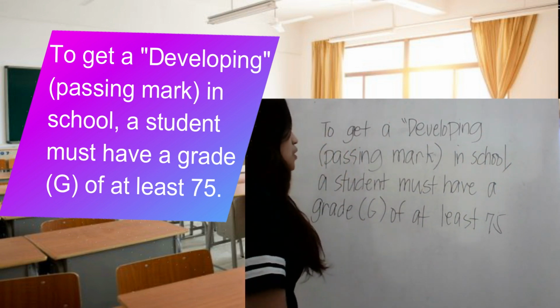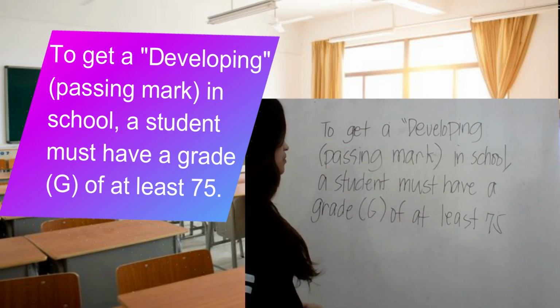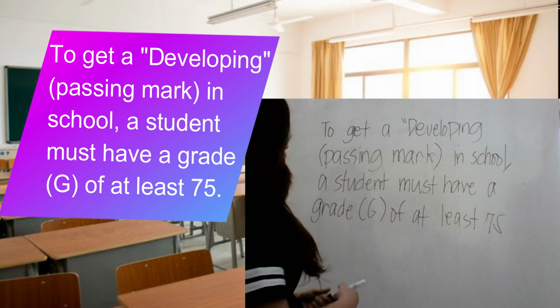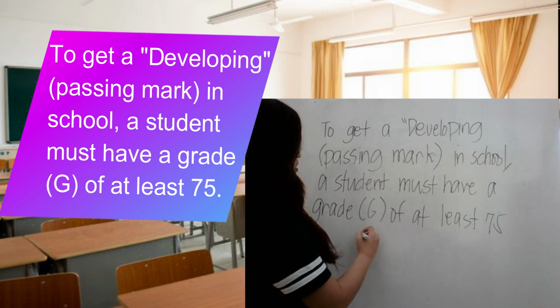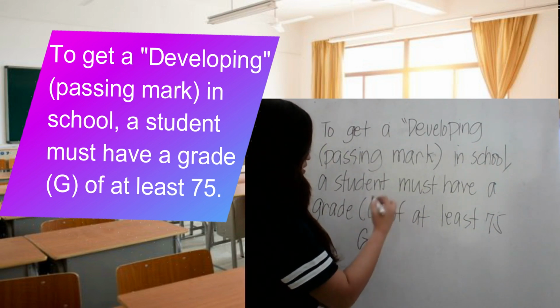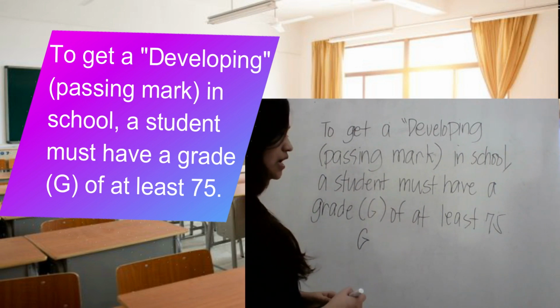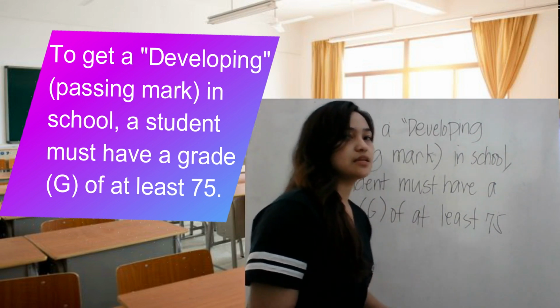So ano ba yung ating given? So we have the given variable G for the grade. Sulat natin. And then the other is at least 75.